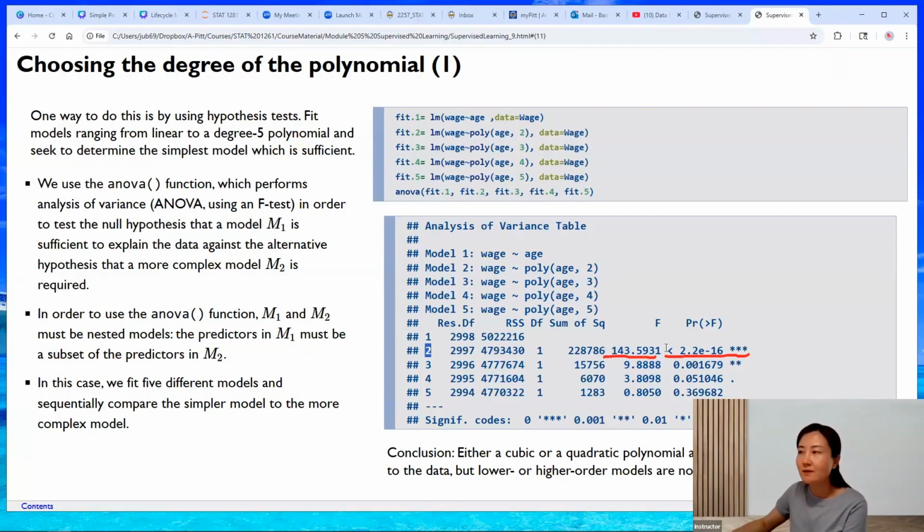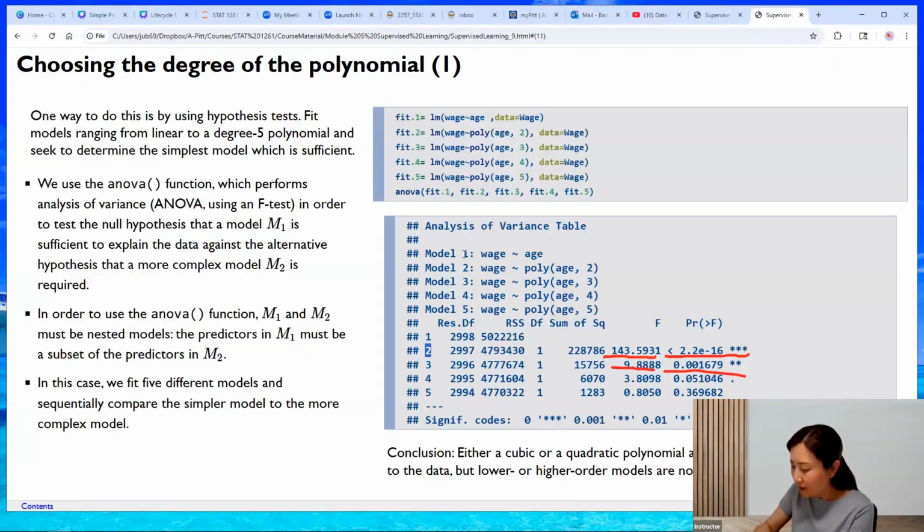And the contribution is significant. And similarly, for the cubic term, the p-value is also very small compared to the quadratic model. The F test is also very significant.